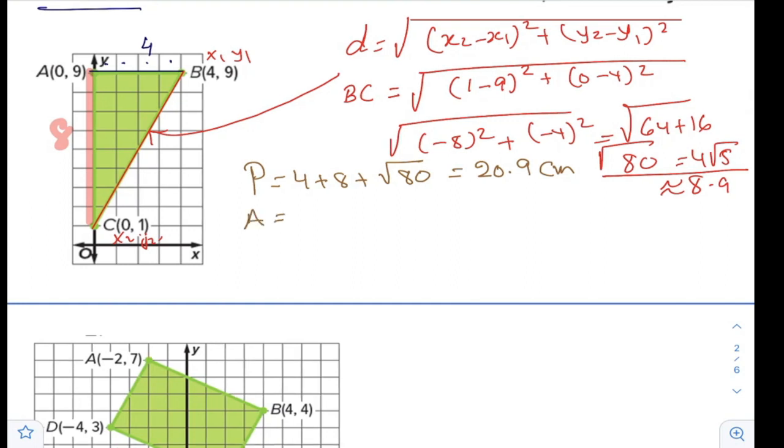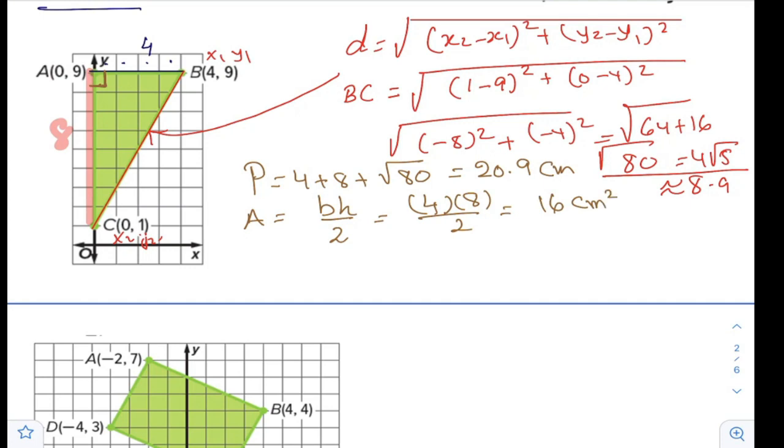Area is half base by height, or base times height over 2. Since this is horizontal and this is vertical, we are sure that they are perpendicular to each other, so we can multiply 4 by 8 divided by 2, which is 16 square centimeters.